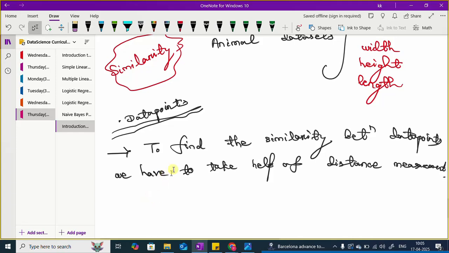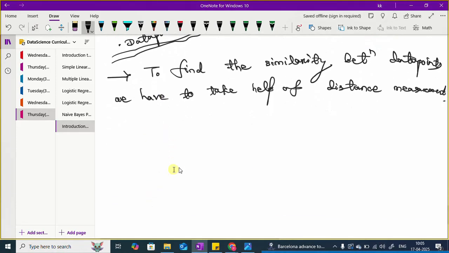Distance measurement means, let's say here is a data point, here is a data point, here is a data point. I can say the distance between these two data points is smaller than the distance between this data point and that one.